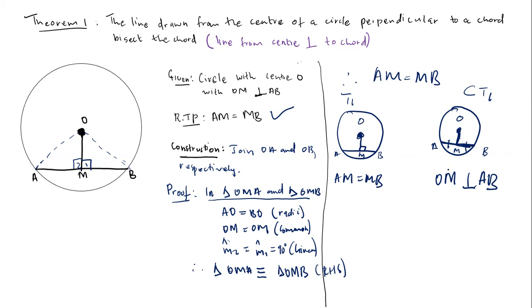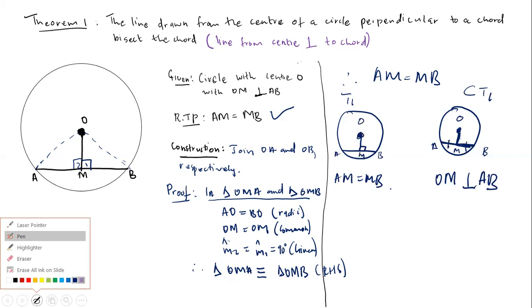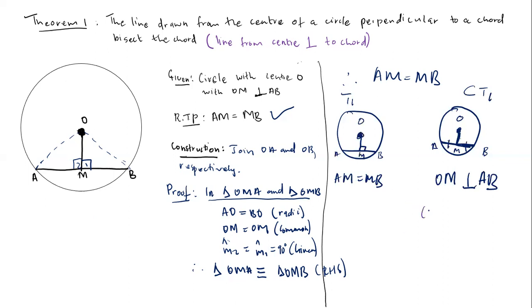So now what reason are we going to use here? We are not going to use the very same reason. The reason that we are going to use over here, let me change my color pen, is we're going to say line from center to midpoint of chord, or now I love saying line from center bisect chord.